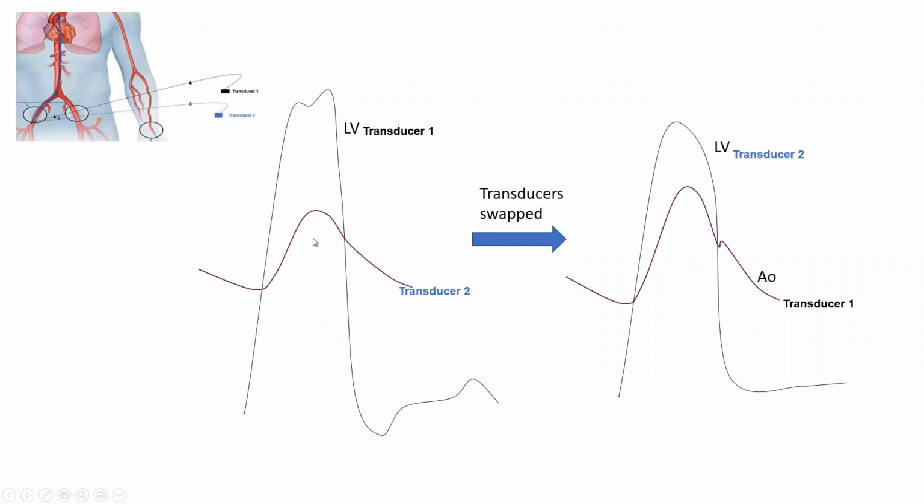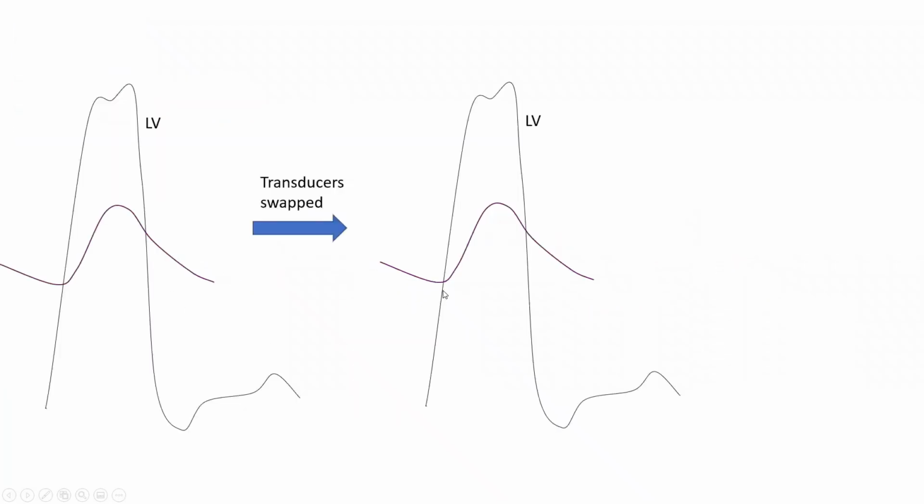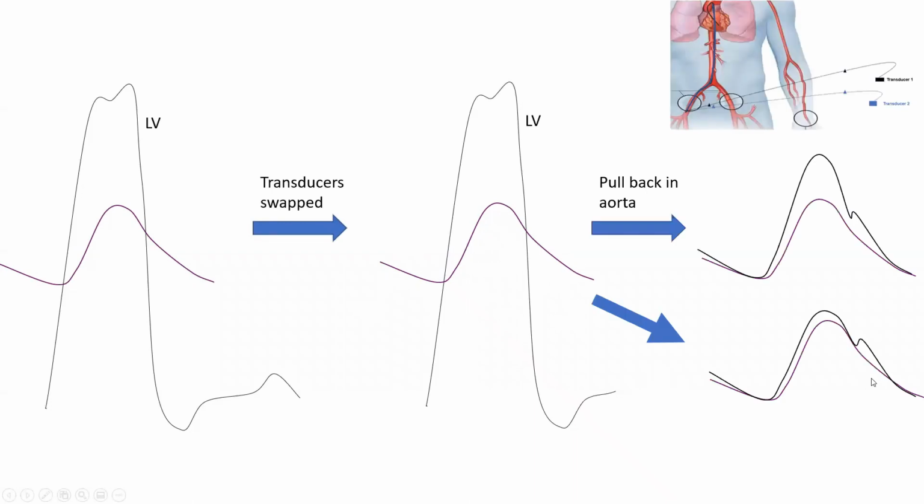So 2 important tips. Again, 1, you swap the transducer. If you see an error, that's great. You need to correct it. If you don't see an error, you're reassured, but you're not perfectly reassured, especially if the morphology is looking like this, too smooth. So here is the second tip that will unveil an error. That's why it's always important to do that technique and pay attention to what happens when you pull back in the aorta.